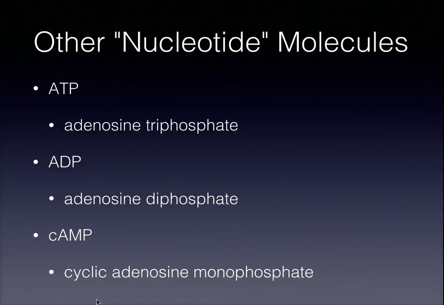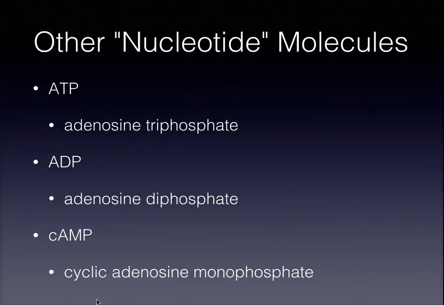All right, I want to talk about other nucleotide molecules, and we'll list 3 of them, and then I'll go into more detail about ATP specifically. So ATP is the acronym for adenosine triphosphate. And this is a direct energy source that cells use to do work. ADP is called adenosine diphosphate. And this is closely related to ATP.